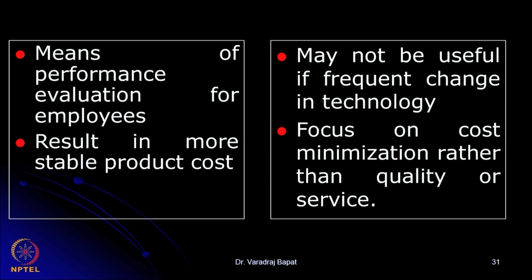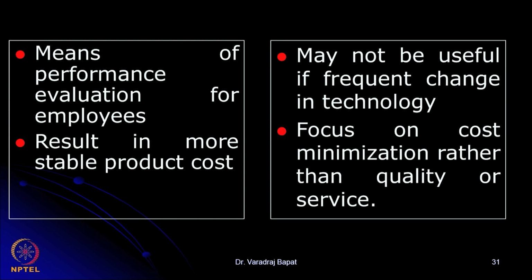Then management can employ management by exception. So instead of looking at all aspects, they can just concentrate on those cases where there are heavy deviations. These are the major advantages. We will see the other advantages also.